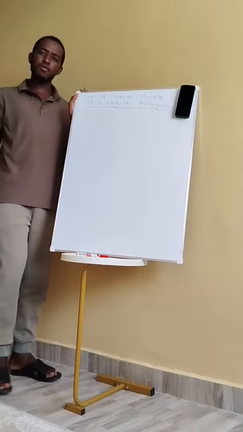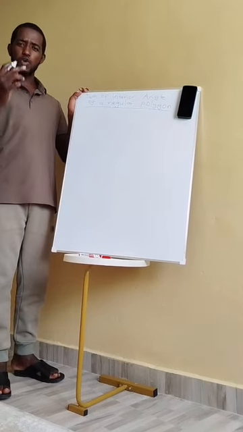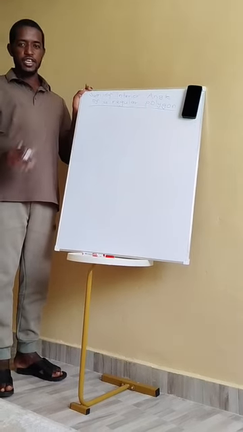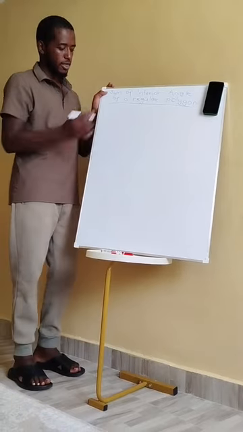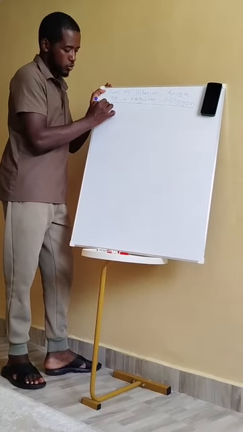How do you get the sum of interior angle of a regular polygon? It is very easy.